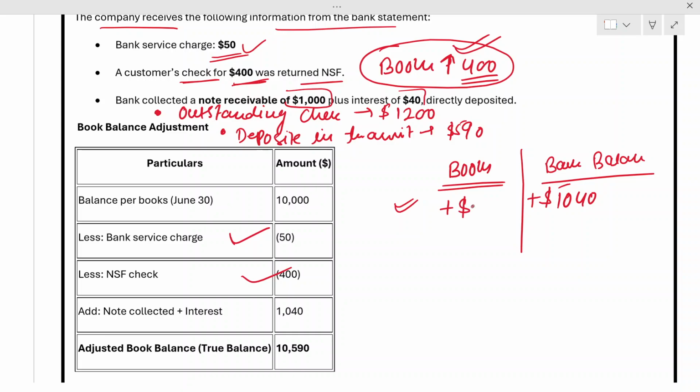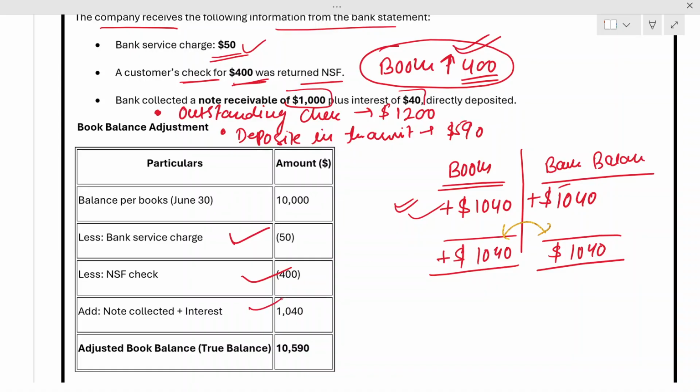You will say I need to write it as $1040. And when you see the effective impact, this is $1040, and this is also $1040, so both of them will get matched, so you will be adding this $1040 here. So that will give you the true balance, and all of these three transactions have been done in the bank.